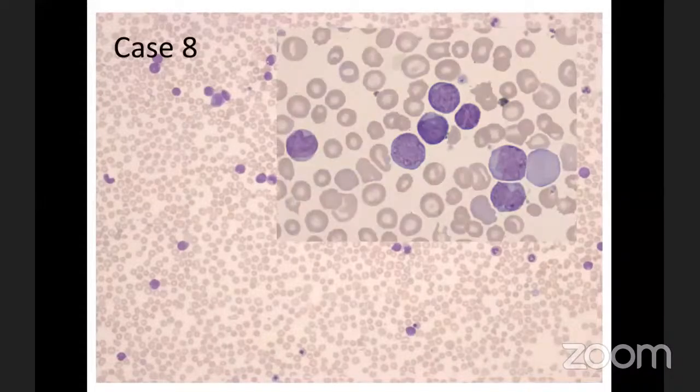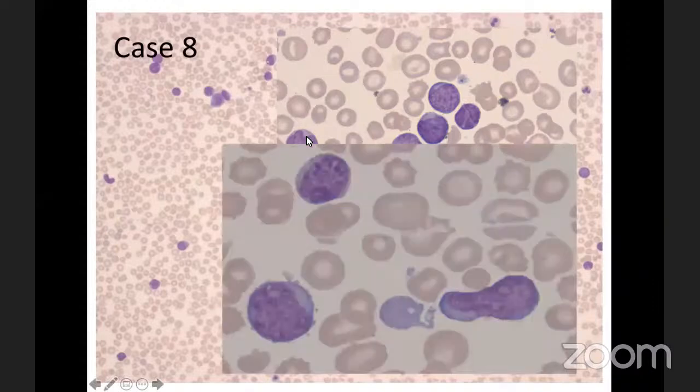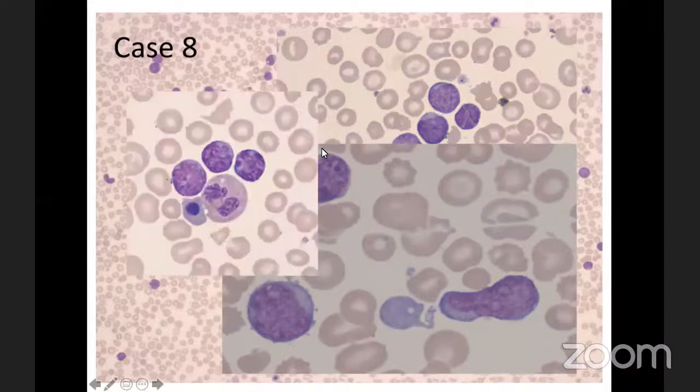This is the high power for the blast, variable in size, small to large, high N:C ratio, variable amount of cytoplasm, most of them with scant cytoplasm, fine granulation in some blasts, prominent nucleoli. This blast shows more granulation.